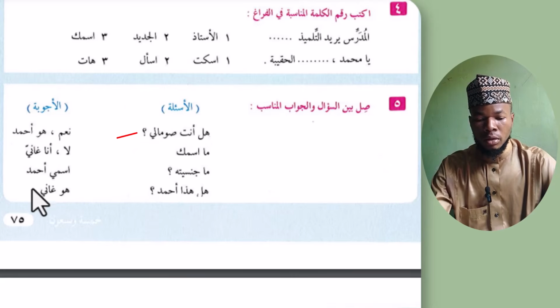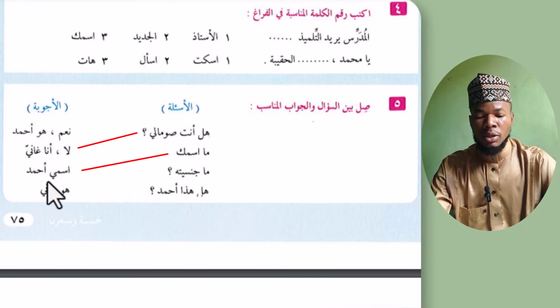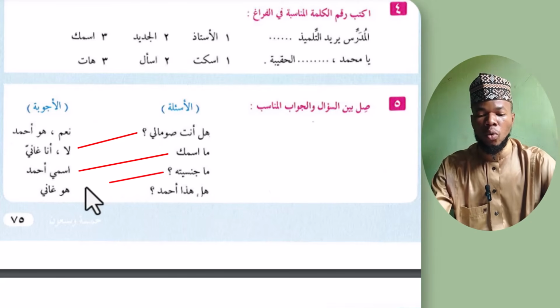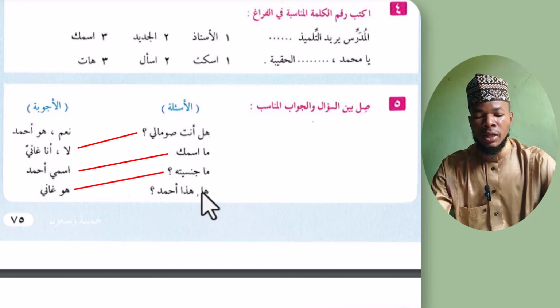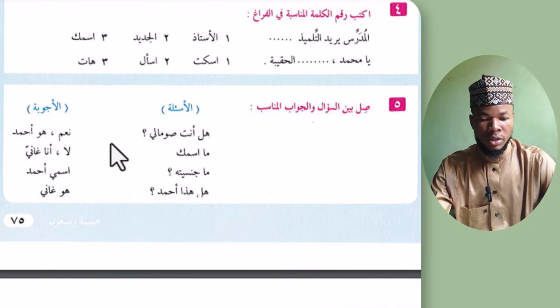So here the most suitable one is La ana Ghaniyun, no, I am a Ghanaian. Masmuka, what is your name? Ismi Ahmadu, my name is Ahmad. Ma jinsiyatuhu, what is his nationality? Huwa Ghaniyun, he is a Ghanaian. Hal hadha Ahmadu, is this Ahmad? Na'am huwa Ahmadu, yes, he is Ahmad. So this is how to do this exercise.